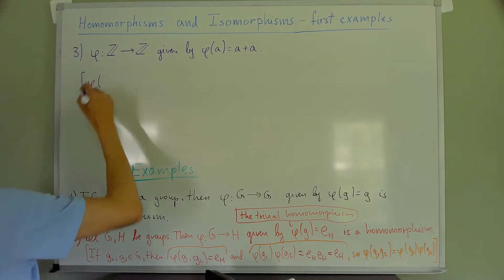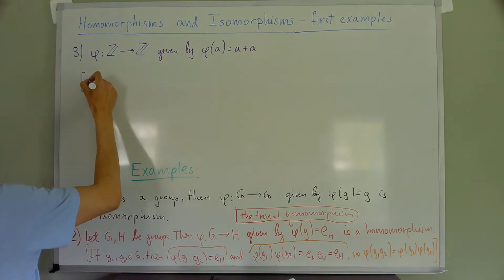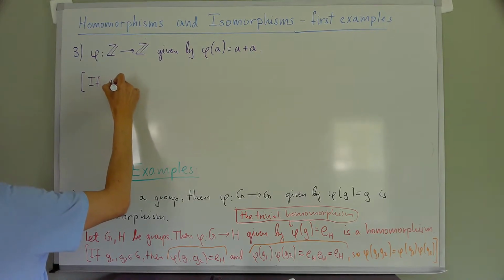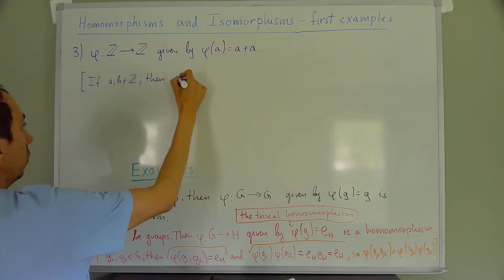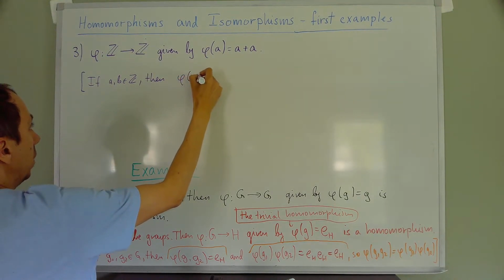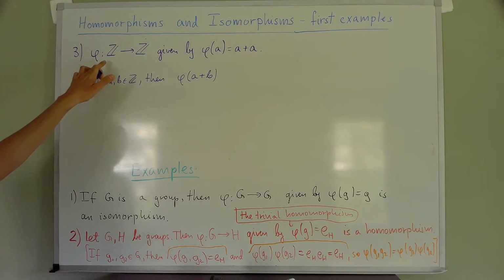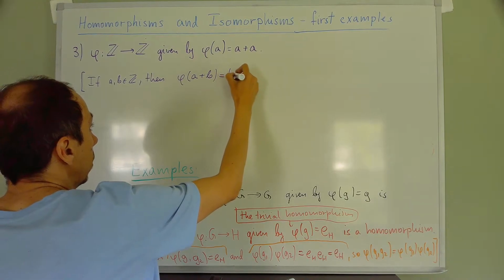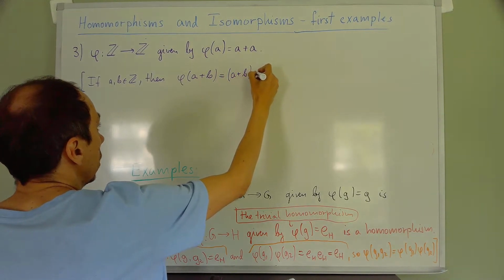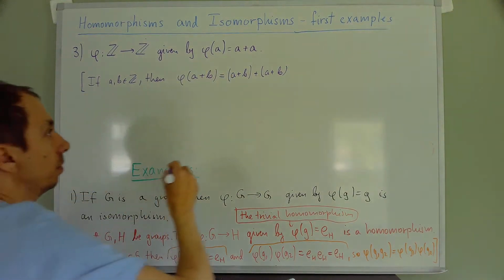So if a and b are in Z, then you have to compute two things, right? What's phi of a plus b? The operation here is addition, so that's why I'm doing phi of a plus b. By definition, that's a plus b plus a plus b, right? That's the definition of the homomorphism.